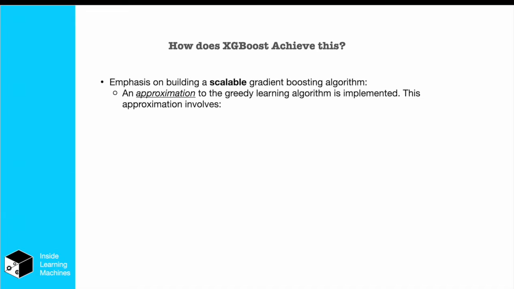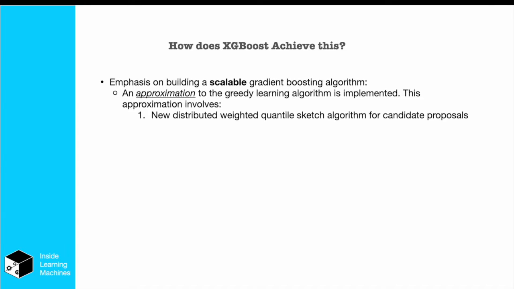The problem with this approach is that it involves loading in all the data into memory. That could pose problems if our data set is quite large. So instead of that, we use this approximation that gets around that issue. This approximation involves proposing candidate split points using a novel distributed weighted quantile sketch algorithm.